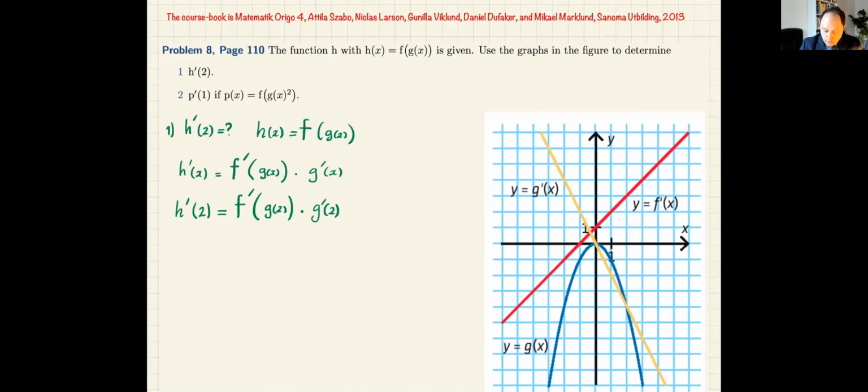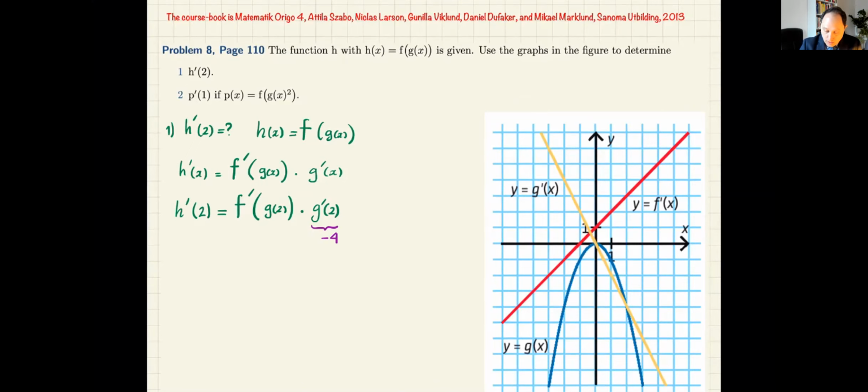And I want to know the value of g prime at 2. So this is 1, this is 2, and when I go down, I intersect with the green line here. If I read this number, it is -1, -2, -3, -4. So I realize that g prime of 2 is -4. Yes? So this becomes -4 by the information given on the yellow line.